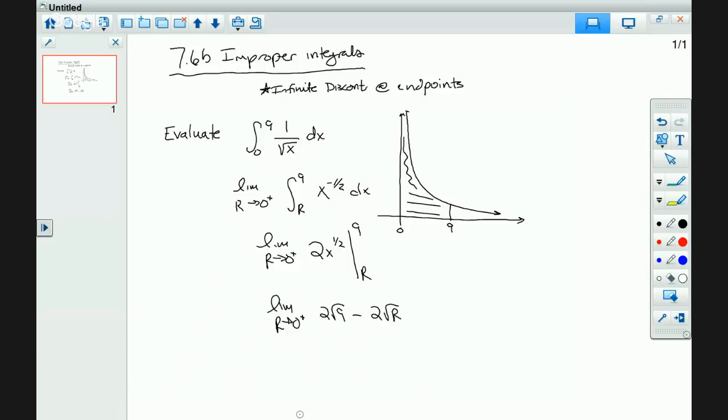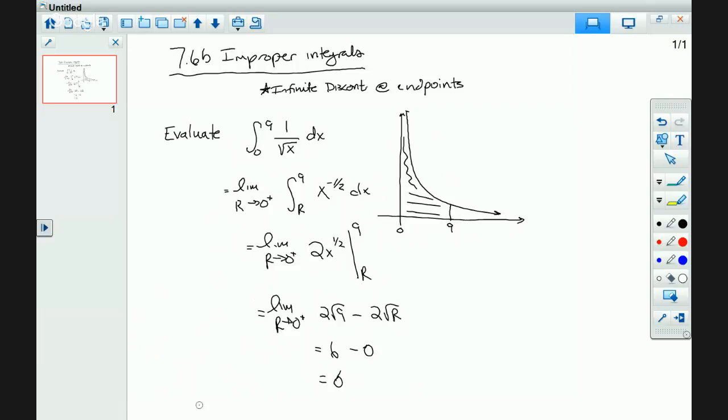Plug 0 in. What do you get? 6 minus 0, which is 6. That is it, 6. So that one would be very straightforward.